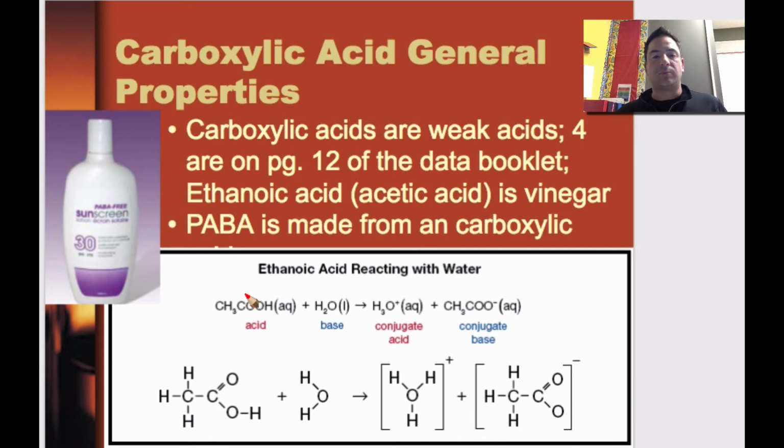Okay, but again, an example of an acid would be vinegar, and they're weak acids, but they have that carbonyl and hydroxyl attached to the ends of them. And I believe that is all I have in terms of carboxylic acids.